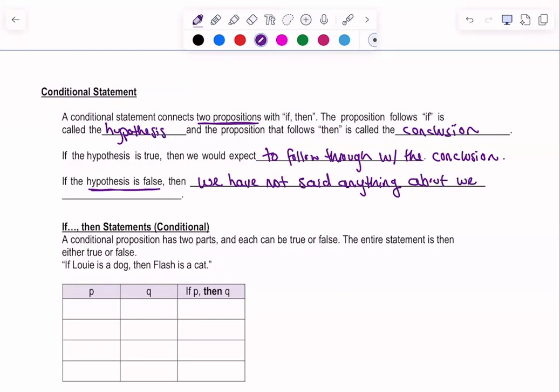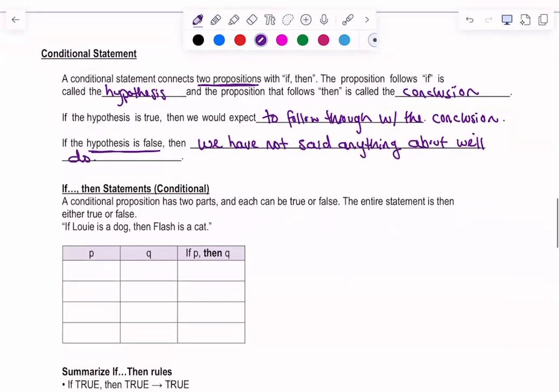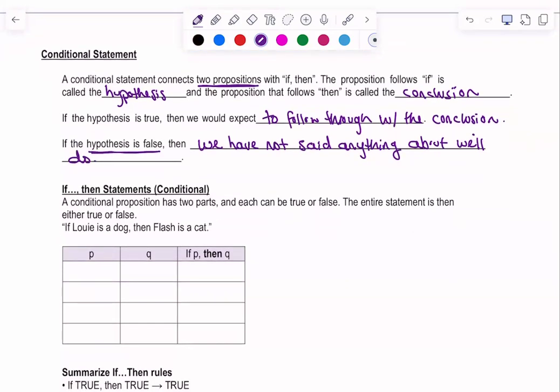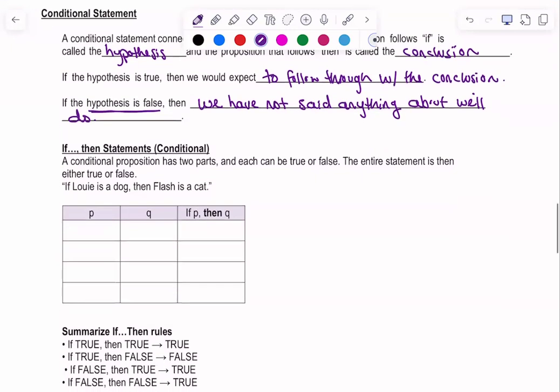I'm going to get there in a moment. Again, it's a little strange. If your hypothesis is false, we're kind of living in a world we don't have enough information about, so we don't really understand how to determine the truth value of the if-then statement. So let's get to this example.